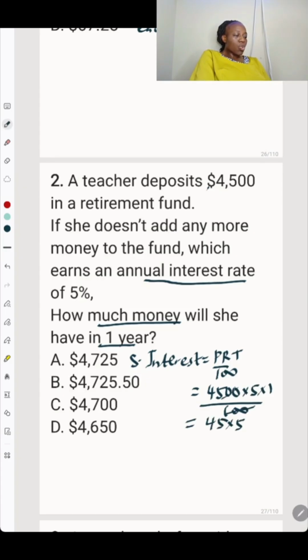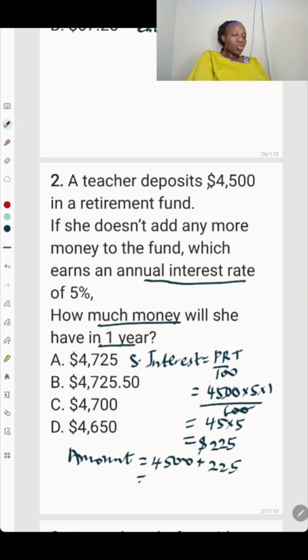This is going to be what? 45 times 5. 5 times 5 is 25. Let's keep 2. 5 times 4, that is 20, plus 2. That will be 22. And that is $225. So that's the interest. So the amount after a year is going to be 4500 plus 225.